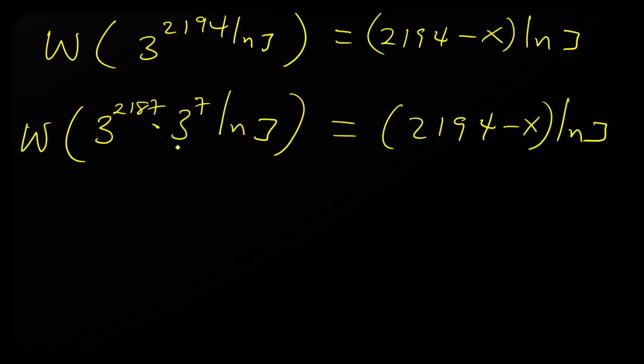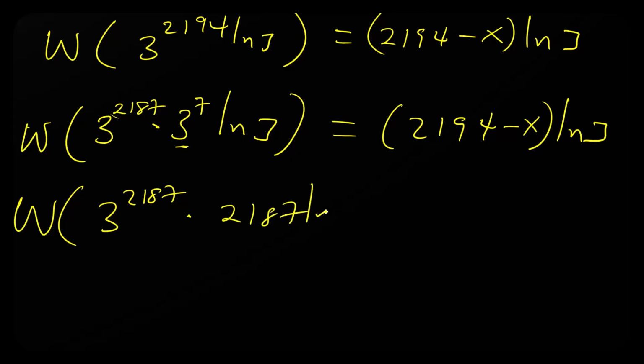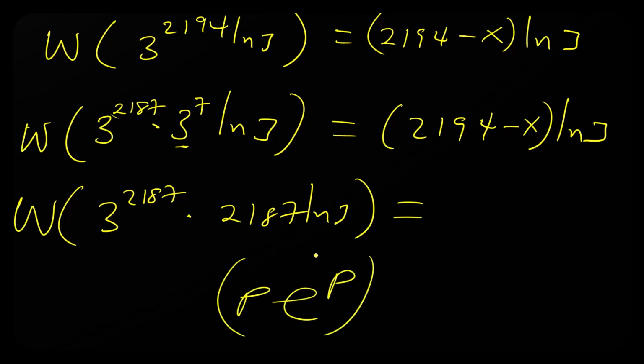Now this one to the power 7 is the same as this. So the W function of 2187 times 2187 ln of 3. Now we are working towards p times e to the power p, so that the answer will come out.